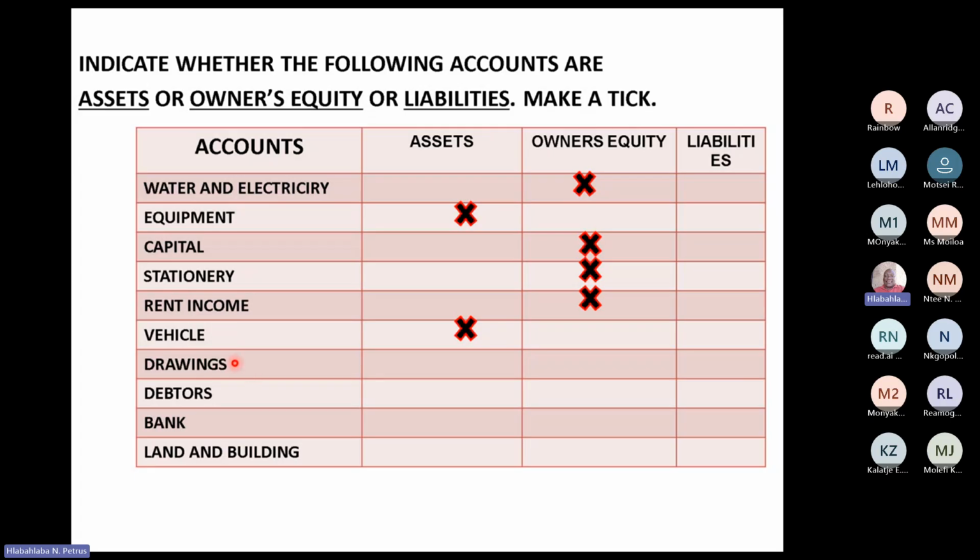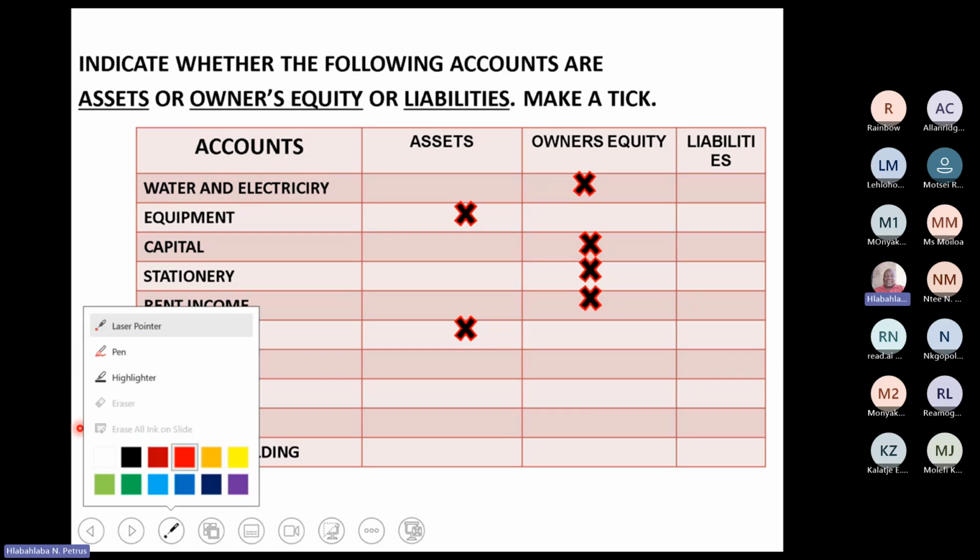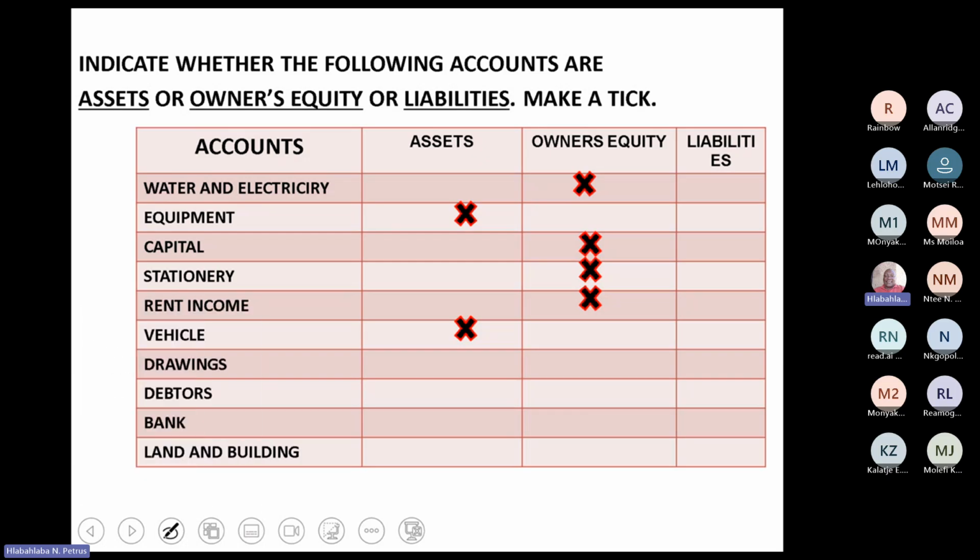And then drawings, personal use. This one is very important, learners. When the transaction has drawings, how do you identify it? If it says personal use, just remember that that is drawings.